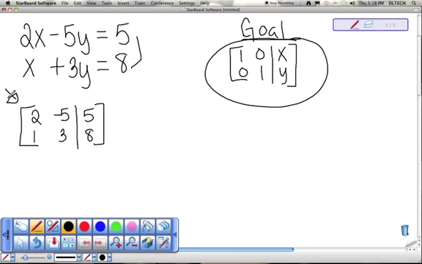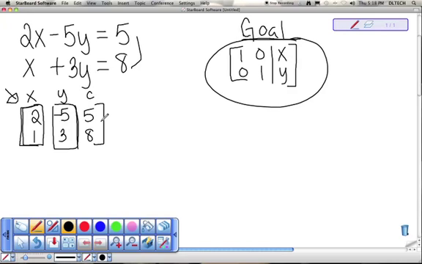As you can see, I put all the coefficients of x in this first column, all of the coefficients for y in the second, and in the third we have our constants, the 5 and the 8.